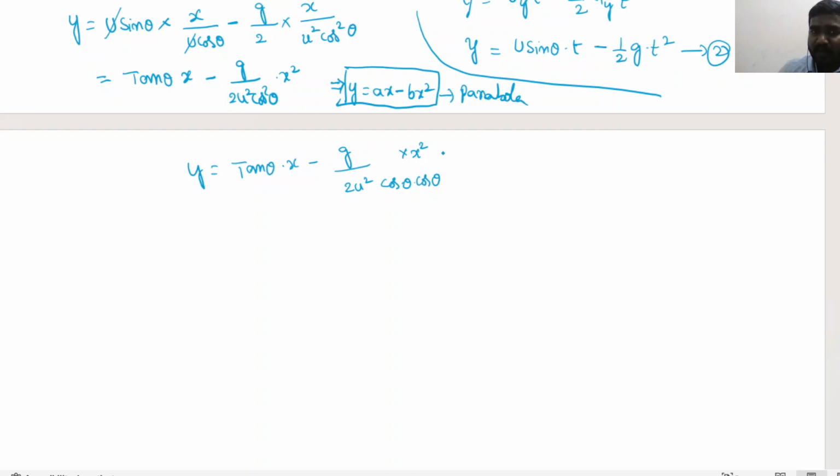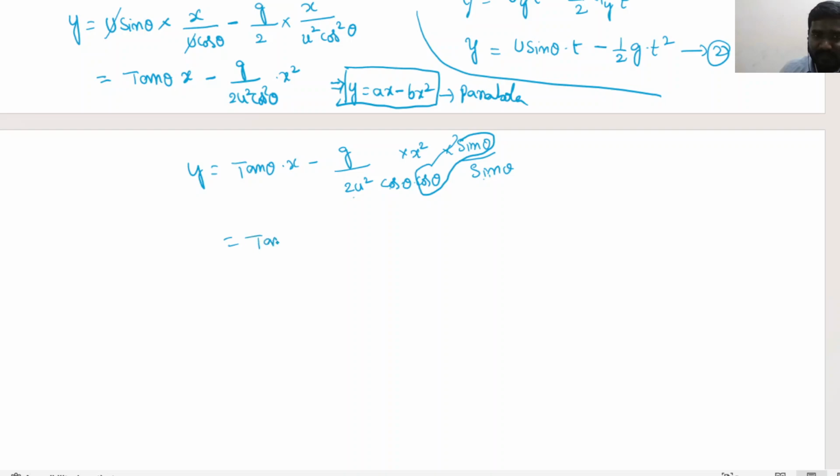Now for this term alone, you just multiply with sin theta and divide with sin theta. Then what do you get now? Sin theta divided by cos theta you can take as tan theta. 2 cos theta sin theta you can take as sin 2 theta.